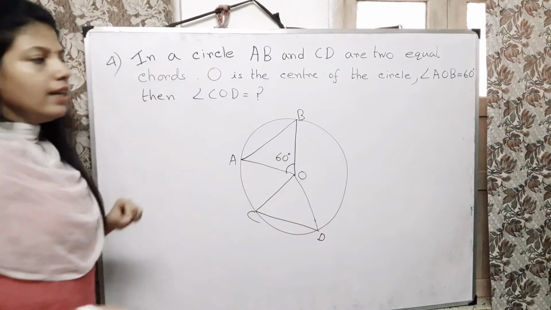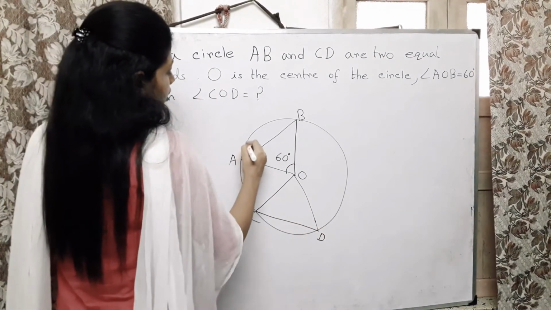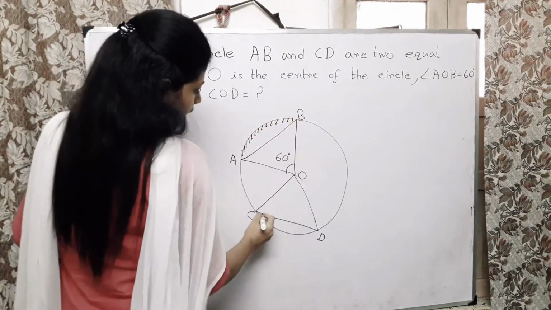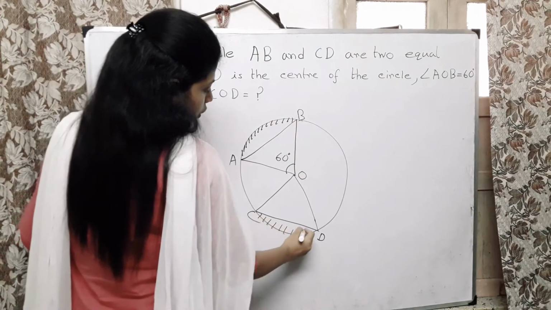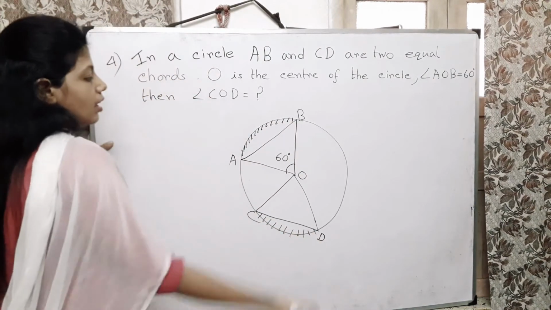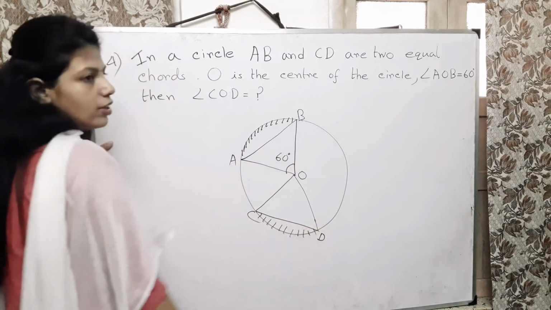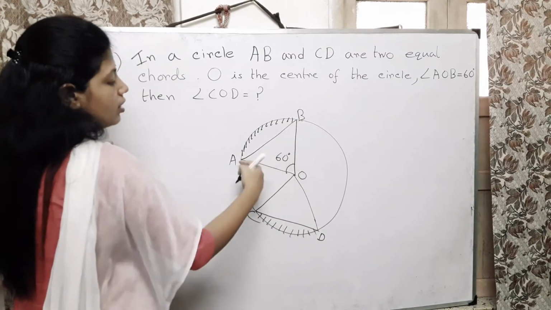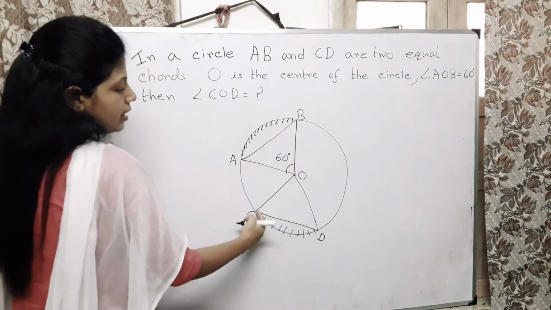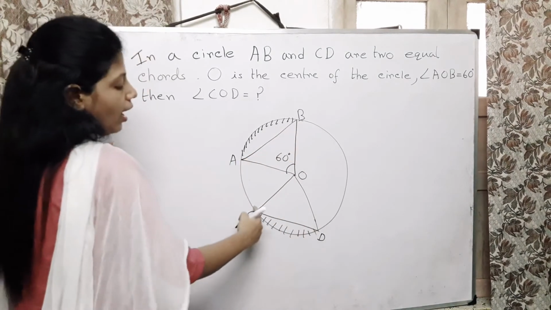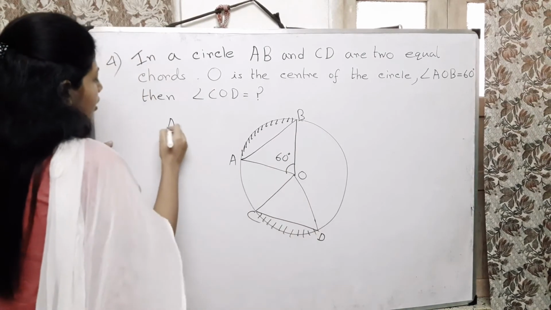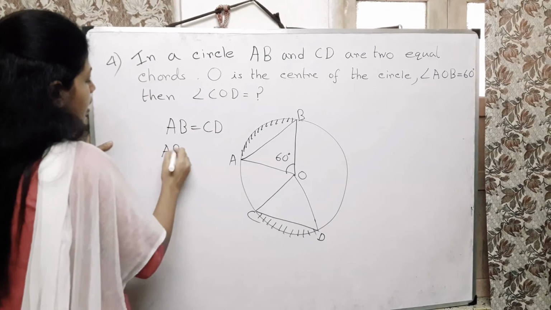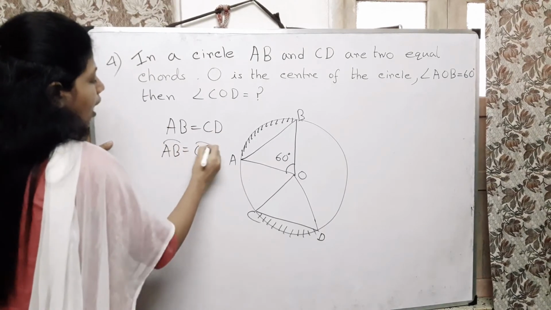One theorem was there that angles lying on the same arc are equal. If the chords are equal, meaning the lengths of the chords are equal, that means the arcs will also be equal. Angle AOB lies on the arc AB, angle COD lies on the arc CD, and AB equals CD, that means arc AB equals arc CD.